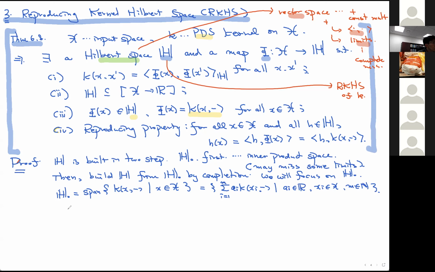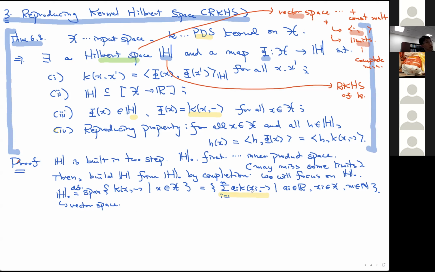If you do so, then multiple requirements can be checked. First, H0 is a vector space. In other words, we can define addition and constant multiplication, because our terms here are all defined by sums. If we add these two things, we just need to increase the range of this summation.